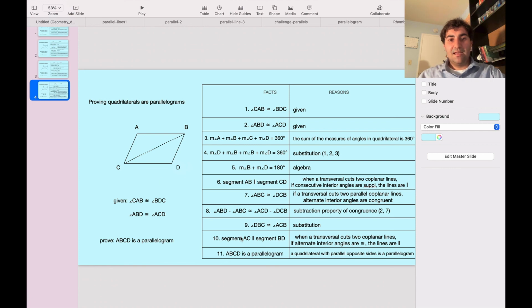So now we have established that side AB is parallel to side CD and side AC is parallel to side BD. Well, that's the definition of a parallelogram, right? A quadrilateral with parallel opposite sides is a parallelogram. So we just proved that ABCD is a parallelogram.